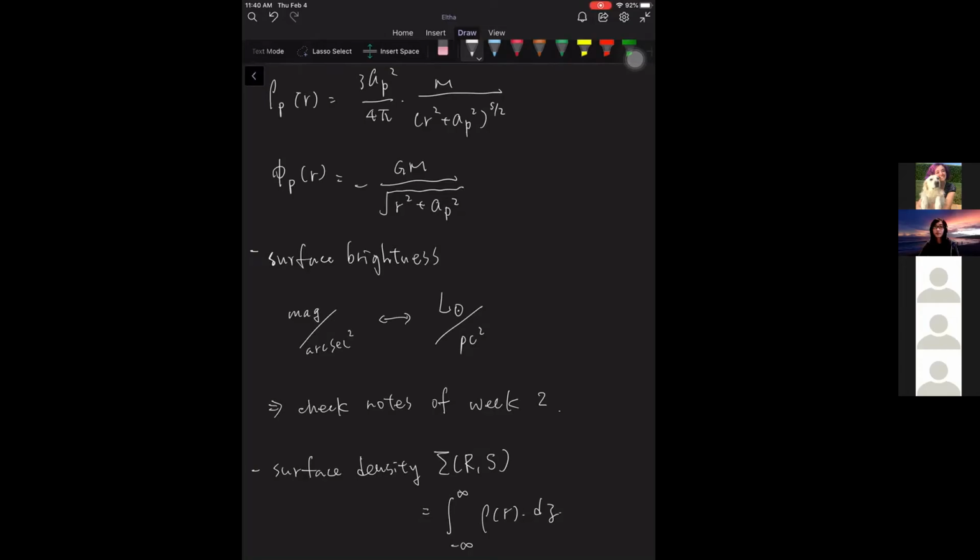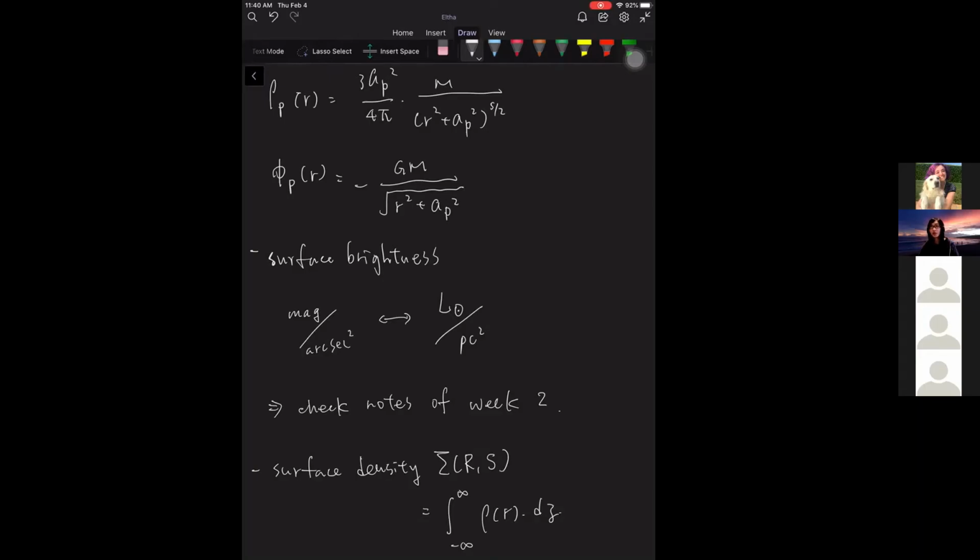For example, in the week 2 problem session, you took the distance at 10 megaparsec or 10 parsec. Should I take the same distance? No. You shouldn't assume anything about the distance. In fact, distance won't influence the answer.